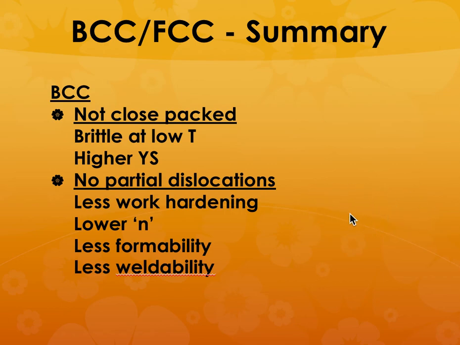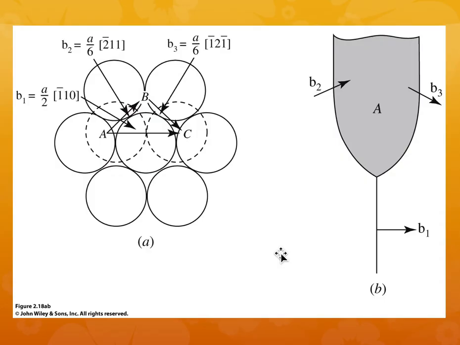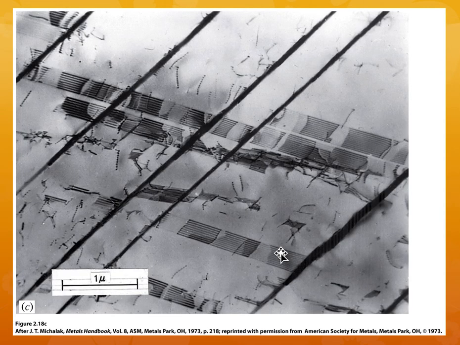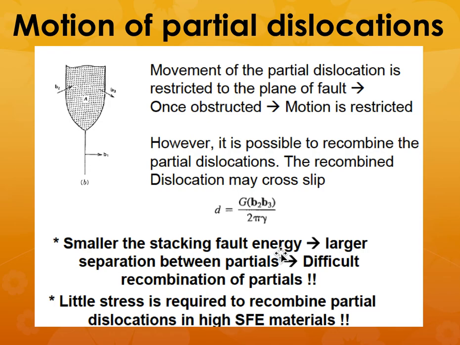You cannot work harden it very easily. It has got lower work hardening coefficient. Therefore, it has got less formability and less weldability. But in the case of FCC, it is the opposite way around. And these are some pictures from the textbook that I added in here for your understanding.